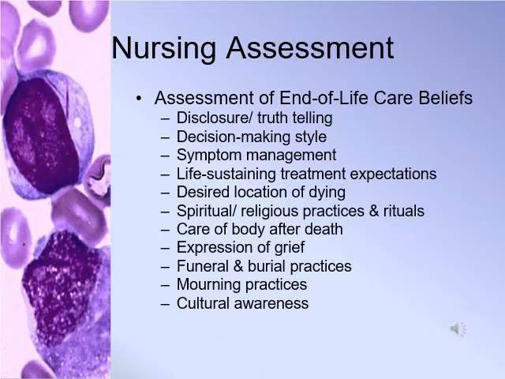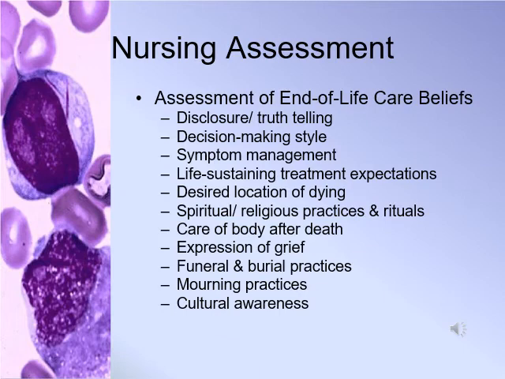Care of the body after death. Is there anything that we should know about how you would like the body handled or treated? Again, we find out the specifics as far as if they're having a certain funeral home that they've made arrangements with, and all of those things we have on record for when that happens. We already know who to communicate with and who to notify as far as care of that body after the dying process.